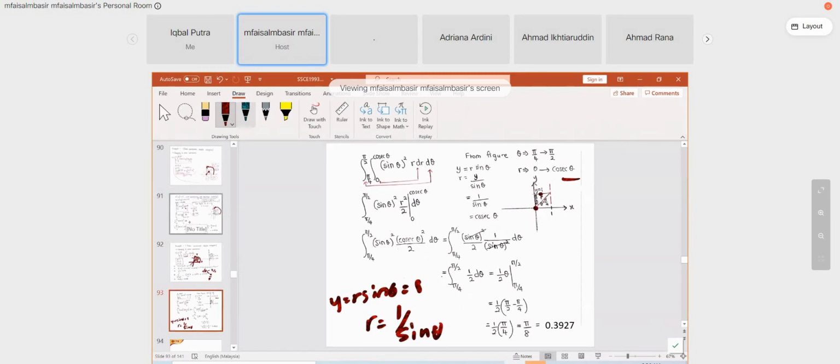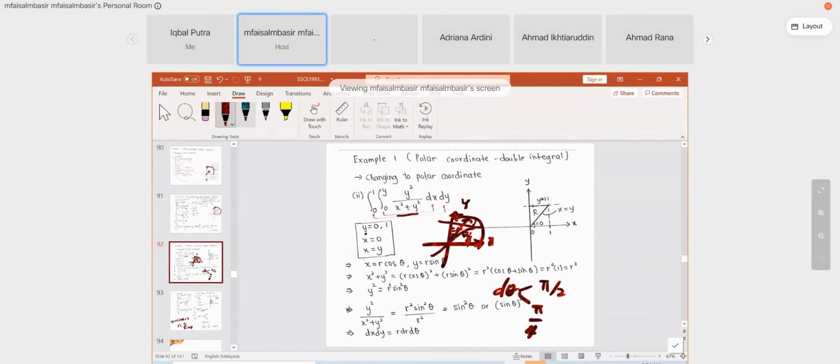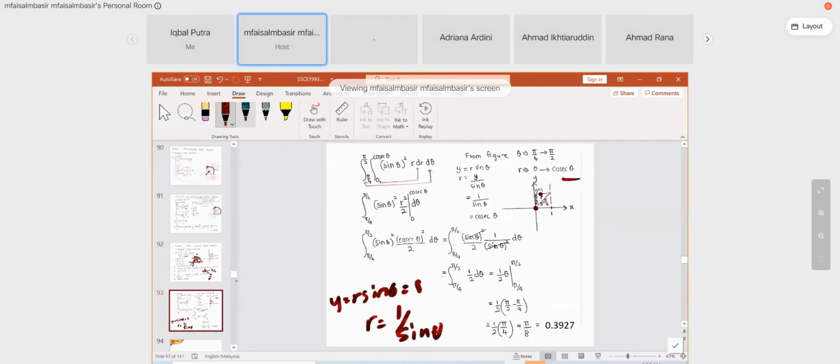Then from this question itself, this is r squared sine squared theta, and this is r squared. So you can cancel the r squared, left with sine squared theta. Remember, to differentiate this with respect to r, this is just a constant. And we have r here, so it becomes r squared over 2. Then you can cancel whatever it is and you get the answer. Understand this?